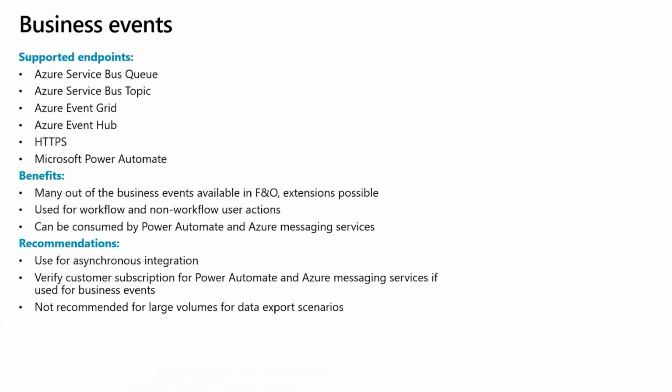There are certain recommendations: use business events for asynchronous integrations, and verify your customer subscription for Power Automate and Azure services if you're using it for business events. Business events are not recommended for large volumes of data export scenarios.